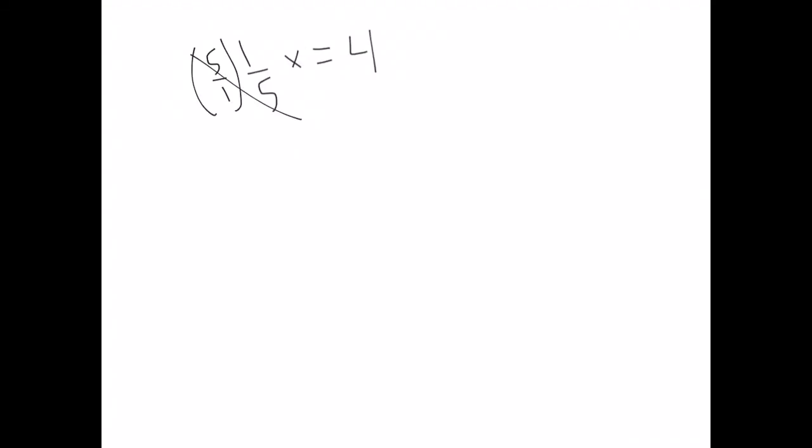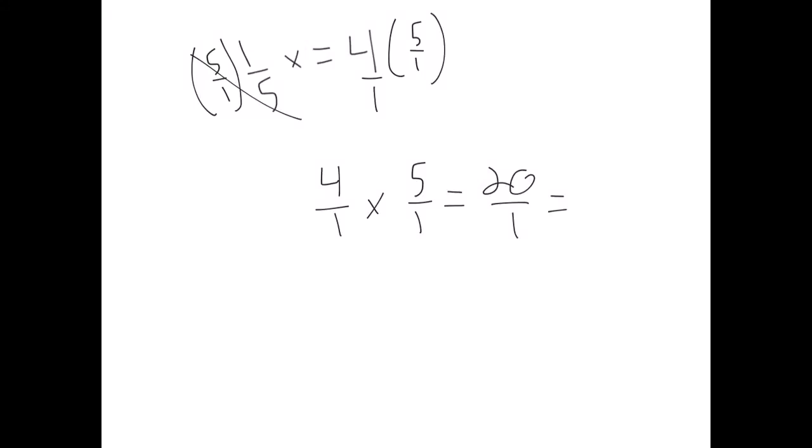Cross those out because they're basically the same thing. And then 5/1 here, and then that actually turns into 4/1. So 4/1 times 5/1 equals 20/1, which equals just 20.